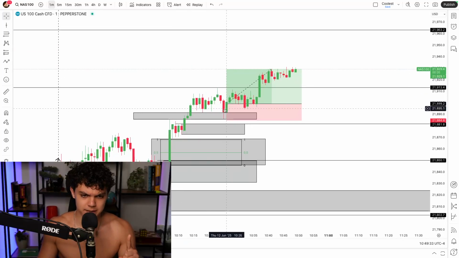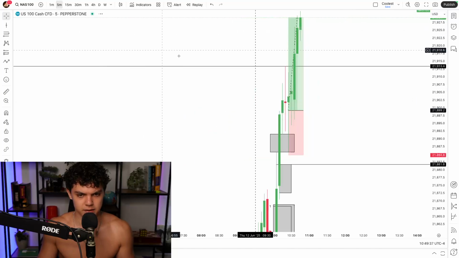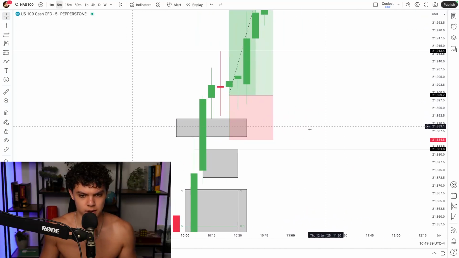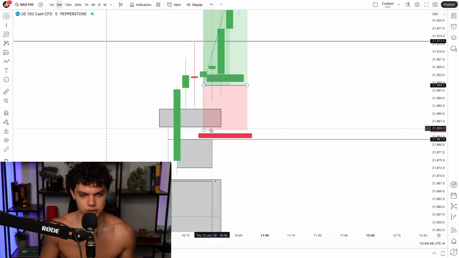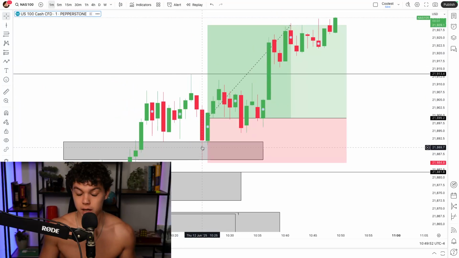But essentially what I did was in the 5 minutes, I go in here. We created this 5 minute bullish fair value gap right here, because this is a 3 candle sequence. The middle part is a fair value gap. We tapped into that right there, boom. And then I go to the 1 minute time frame. I didn't enter immediately.